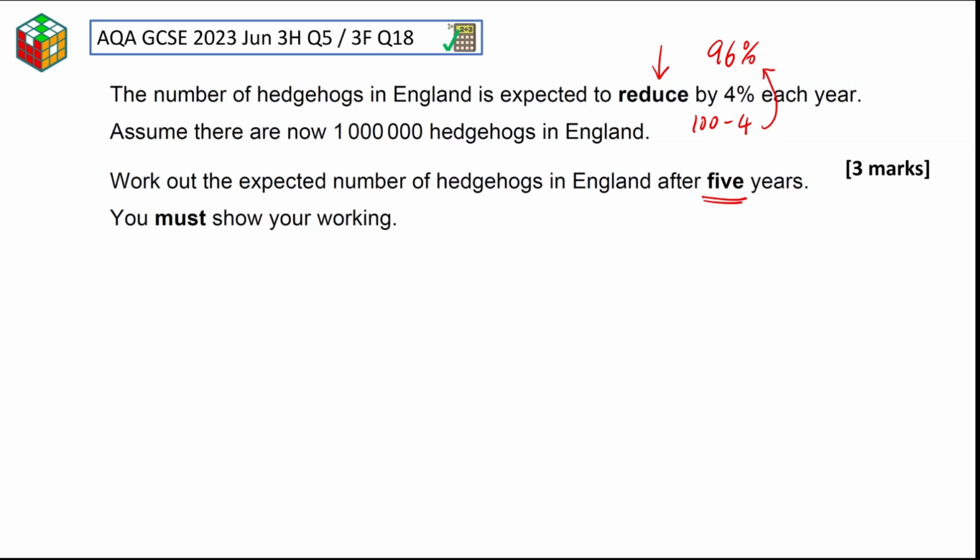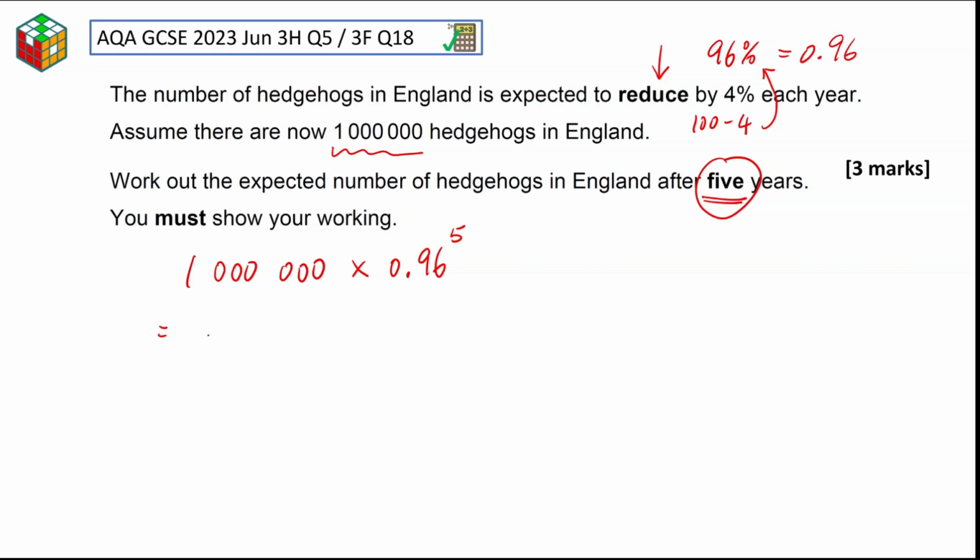So that is my starting point. 1 million times 96%. I can write it as my multiplier, 0.96. 5 years, so to the power 5. In your calculator, 1 million times 0.96, and then press that X to the box button, 5.